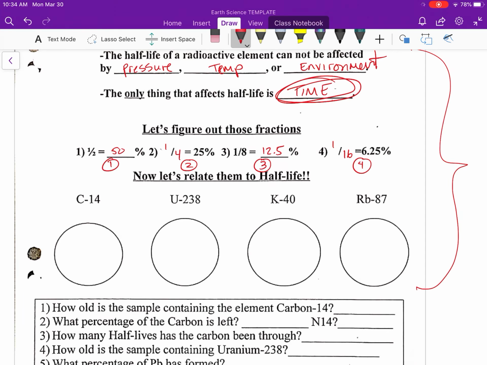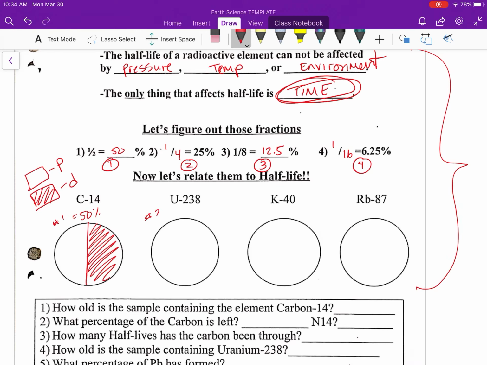So now they're saying, make a chart of it. Show me what that's going to look like. So if it's half, we can make a little key here. This is going to be parent, and this will be daughter. So if it's 1/2, this is number 1, it's going to be 50%. 1 half-life equals your 50%.